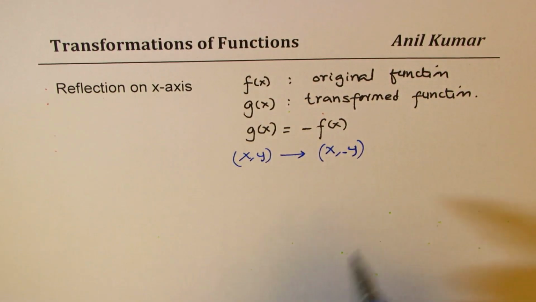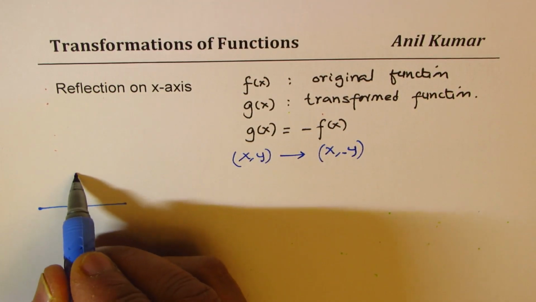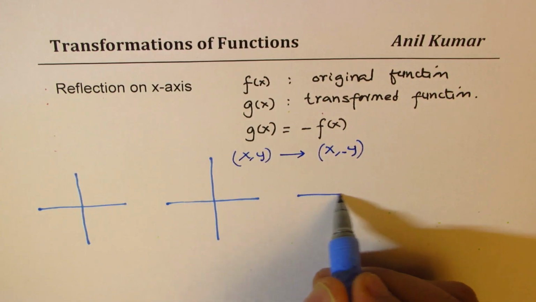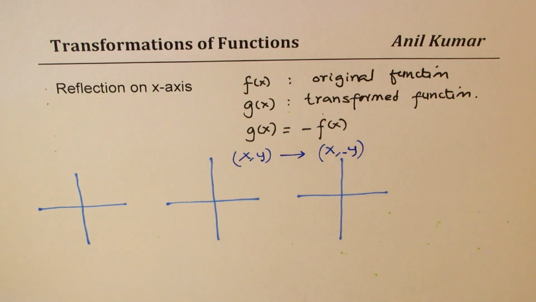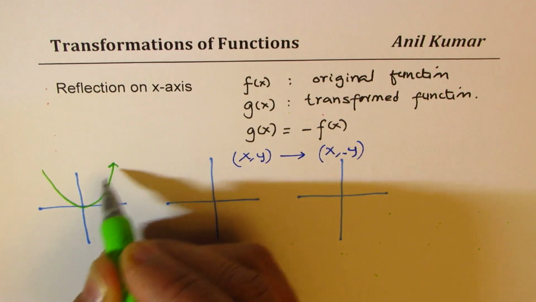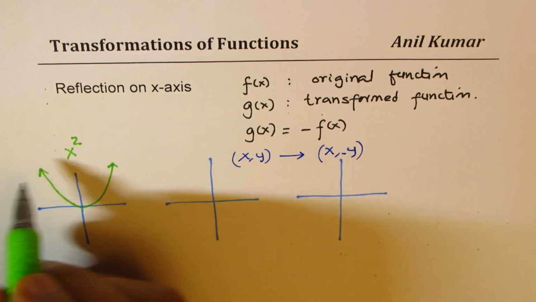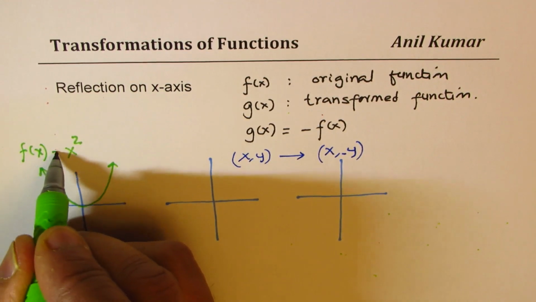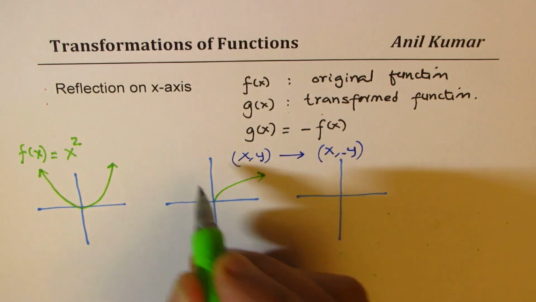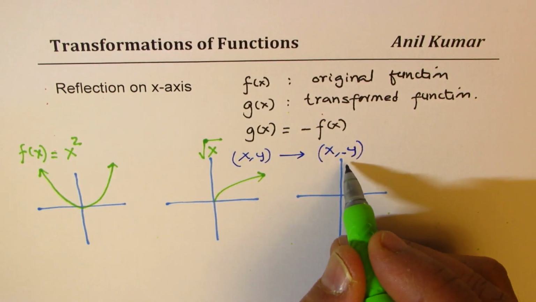Now let us see how this change affects our parent functions. Again I will draw three graphs. I'll take the ones which we discussed. If we have a parabola, let us say f of x is x squared. You get my point, right? Then we'll take the square root function, and let's take 1 by x.